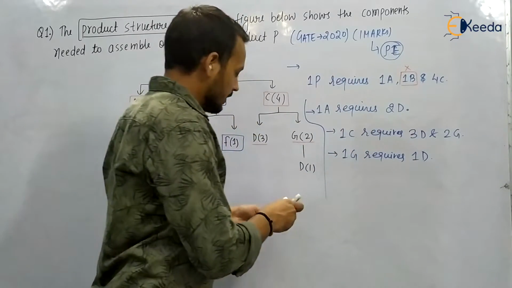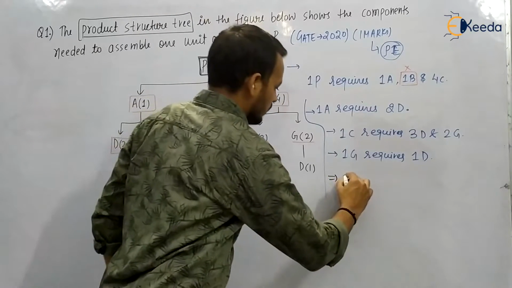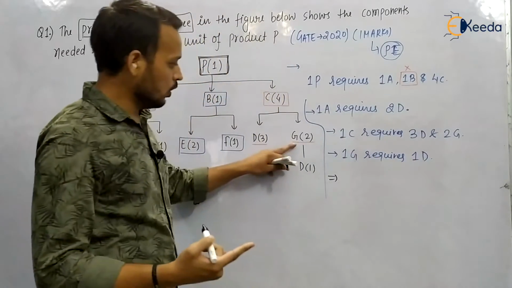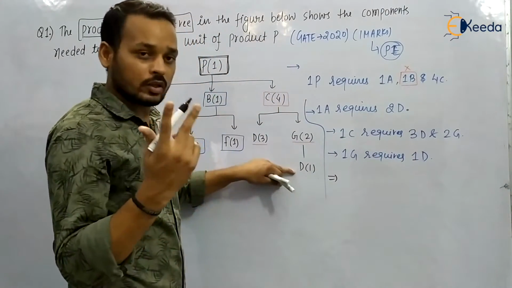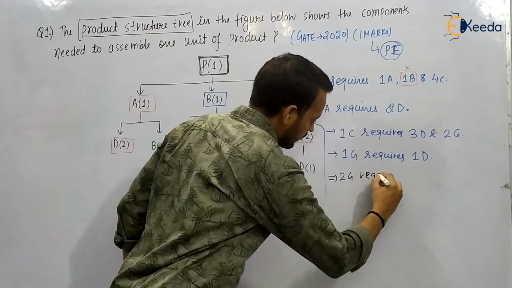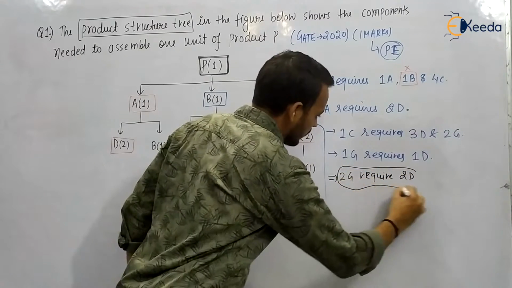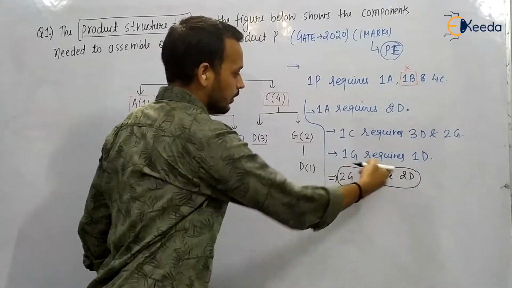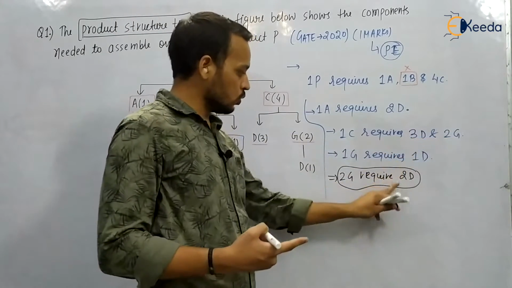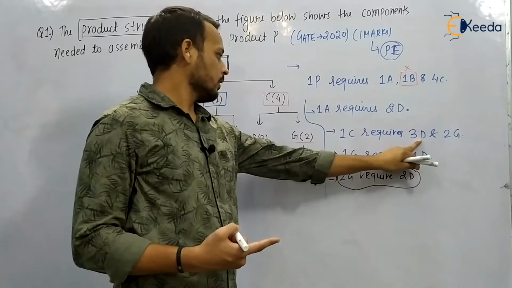It means that 1G requires 1D, so 2G will require 2D. 1C requires 3D and 2G, and 2G requires 2D.